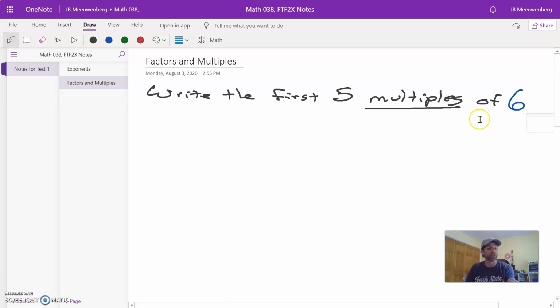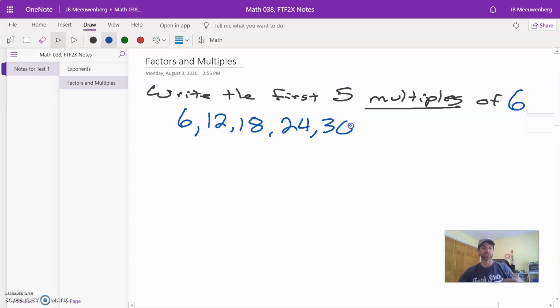Think about it, try to do that. That's another thing you could just do right now. And hopefully it would look something like this. You would start with the number 6, and then you would start counting by 6s. 6, and 12, and then 18, and then 24. We're counting by 6s, then 30, and then that's it. Right? The first 5 multiples of 6. There we go.